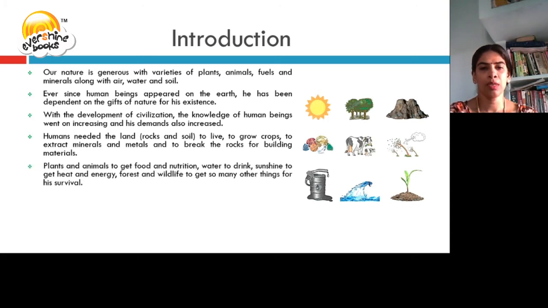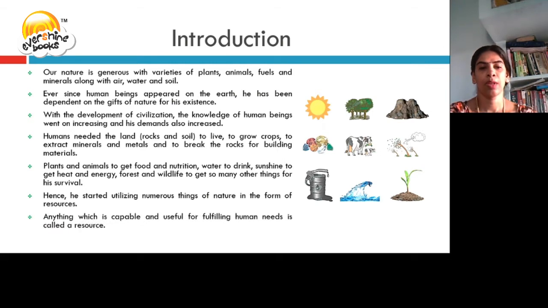Plants and animals to get food and nutrition, water for drinking, sunshine to get heat and energy, forest and wildlife to get so many other things for his survival. Hence, he started utilizing numerous things of nature in the form of resources. Anything which is capable and useful for fulfilling human needs is called a resource.